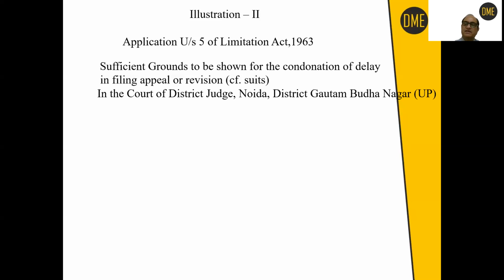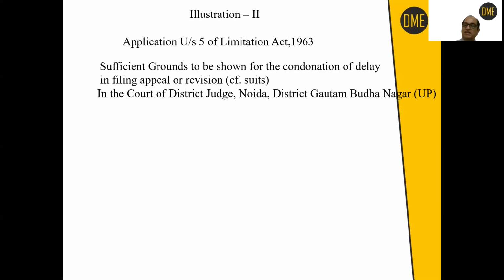Now, while drafting a second illustration of the same application under section 5 of Limitation Act, first of all, the name of the court. Name of the court is First Appellate Court, because the trial court is not possible, because suits are to be filed before the trial court, and section 5 is not applicable to fresh suits.